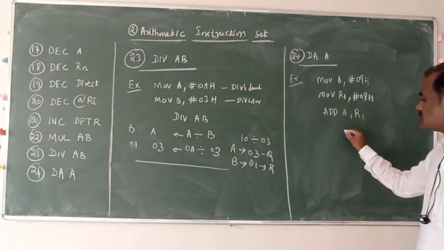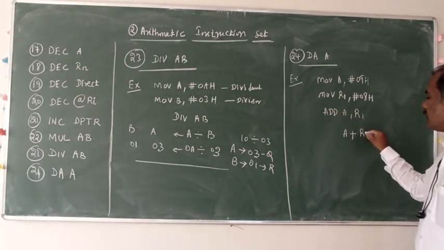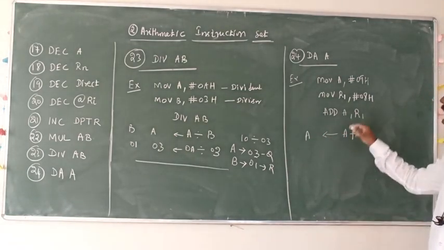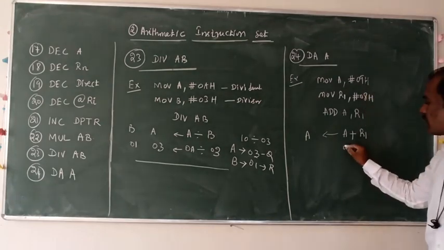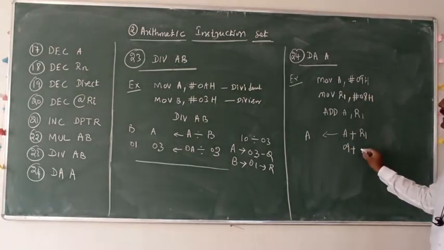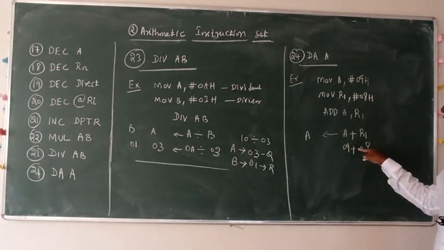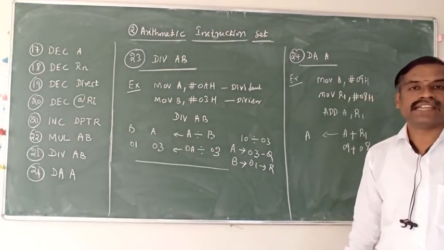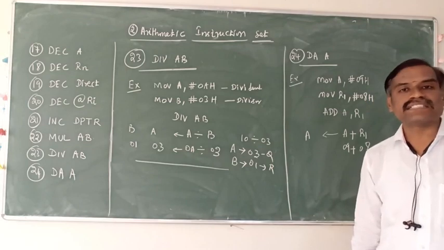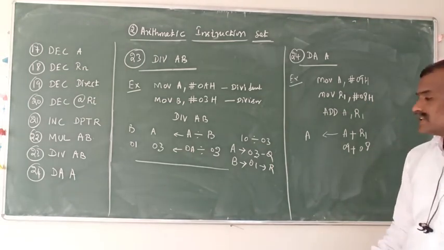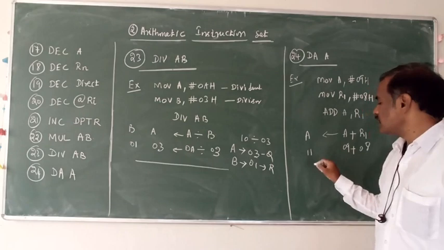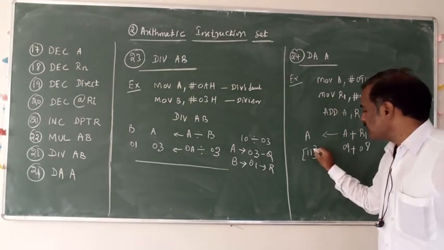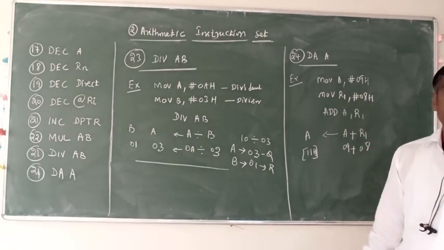ADD A means now to add accumulator data with the register R1 and the result moves to the A register itself. Now A register data 09 plus R1 register data 08. Adding these two data, the result is 17 in decimal, and the hexadecimal value 17 means 11. Now after ADD A, R1, in the accumulator the result 11 is available in A register.